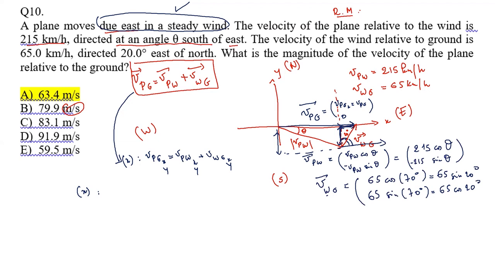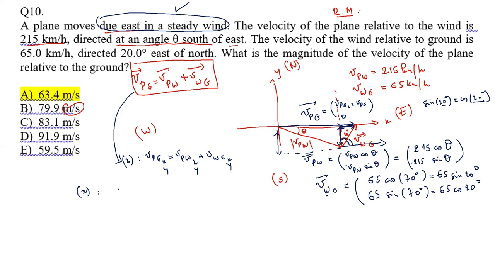It's an adjacent side. Okay, so this is the same. You know that basically sine 20 is equal to cosine 70, because these two angles are complementary. You do it the way you want, but get me the right answer. That's what I'm interested in.